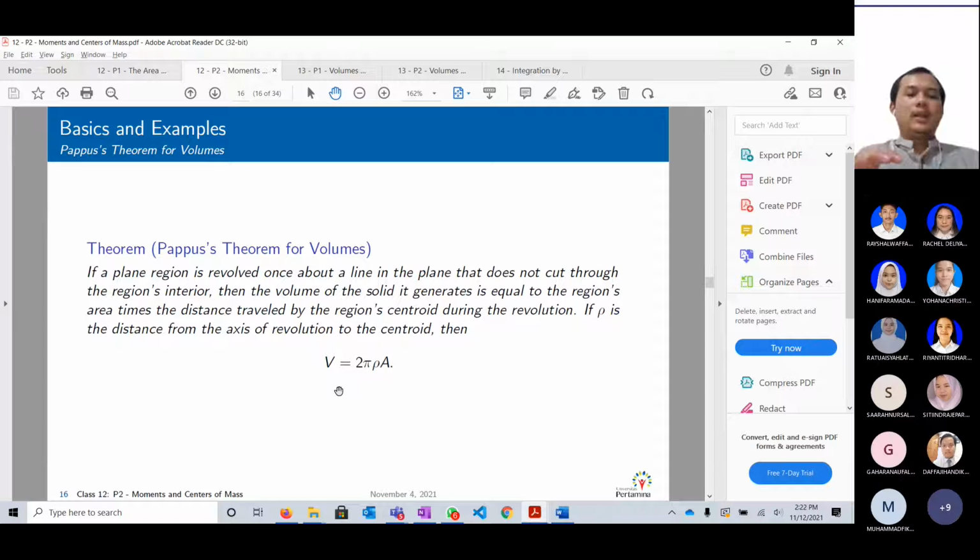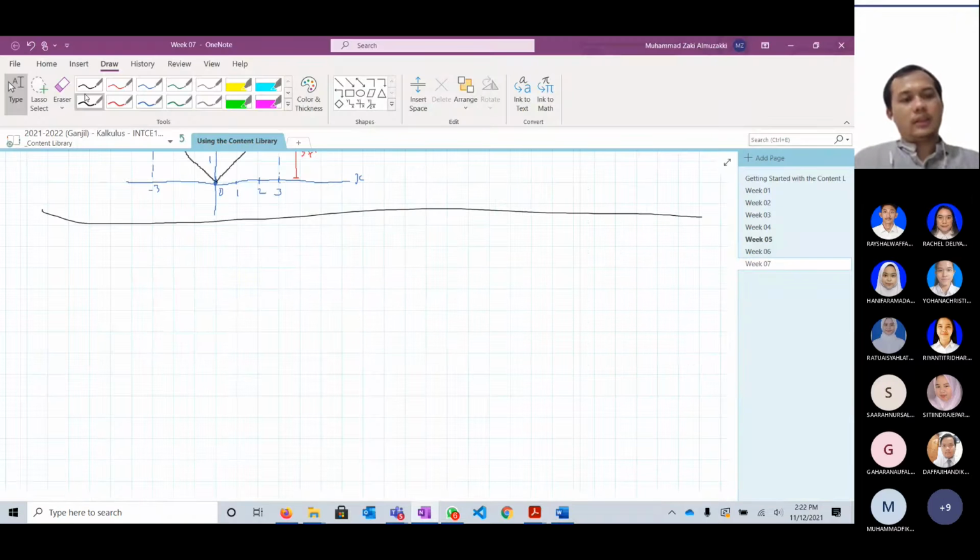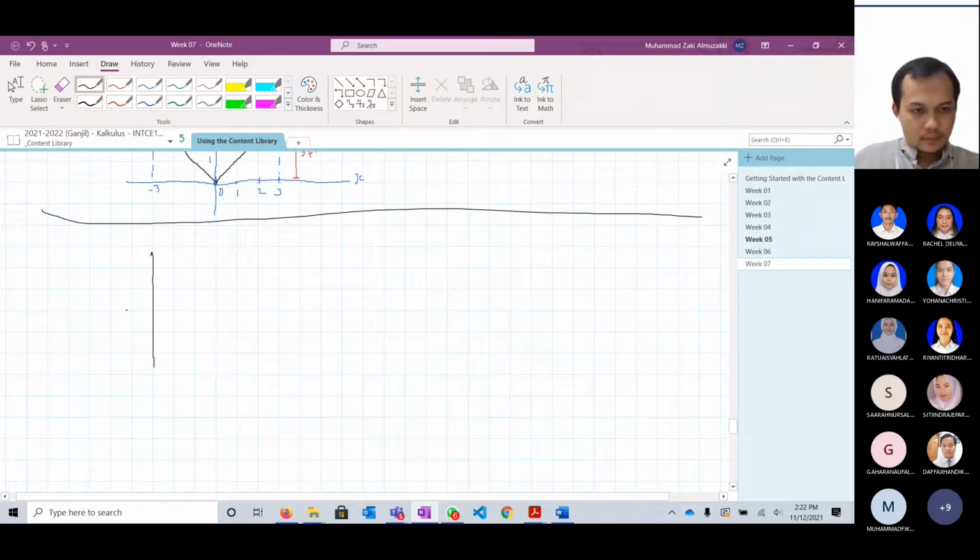So what exactly is the Pappus theorem for volumes? Suppose we have a circle, let me draw it here. This is quite hard to draw, but okay. It's really hard to draw it by hand. So let's say we have this.